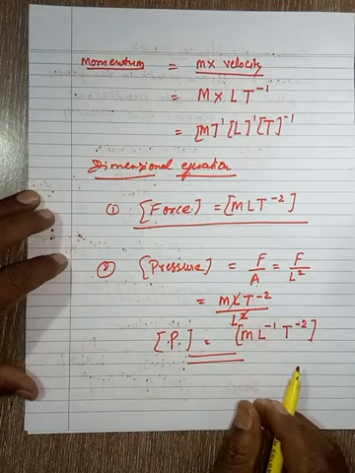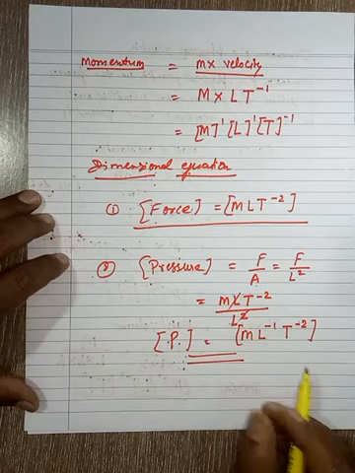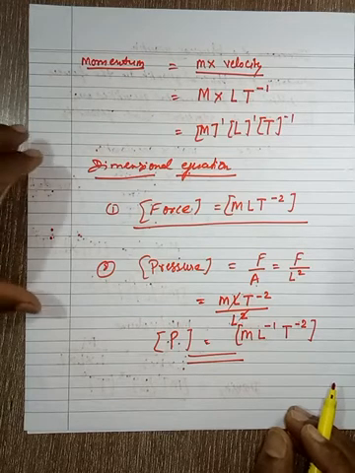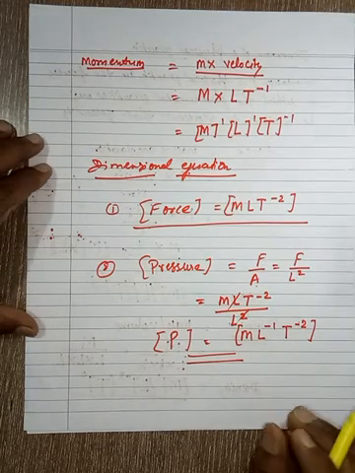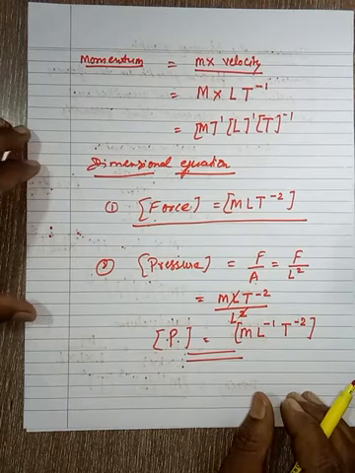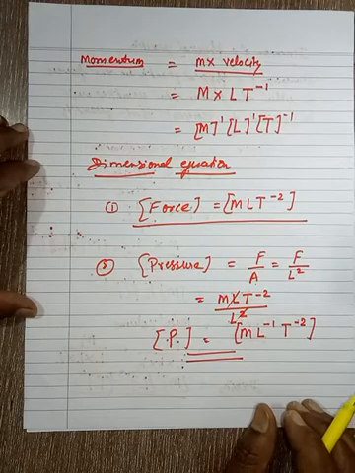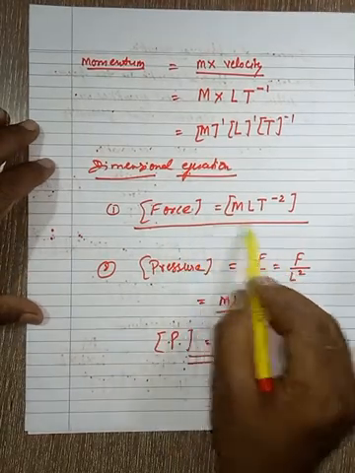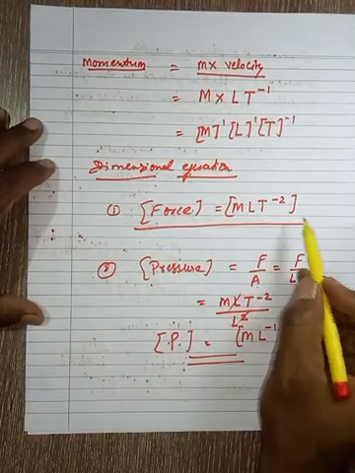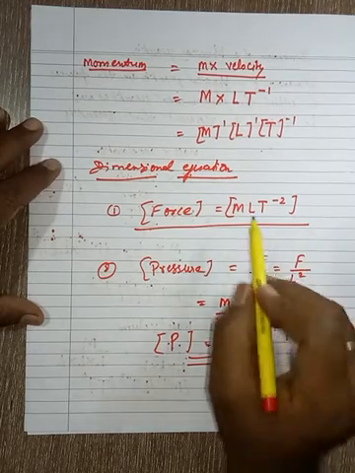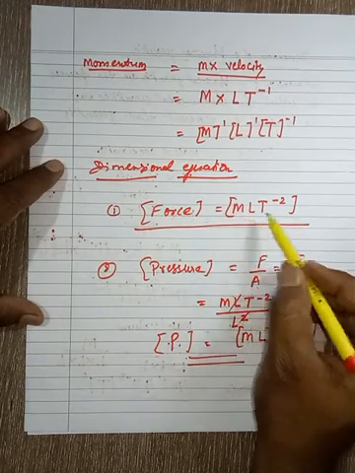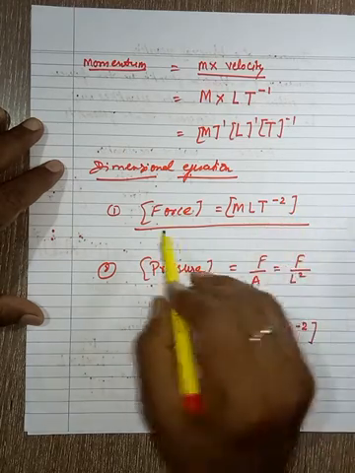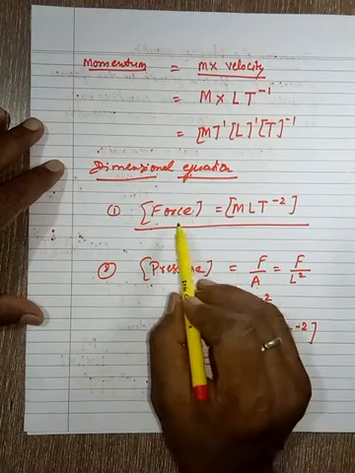And how a physical quantity is represented in terms of the dimensional formula, with the dimensions, we have just seen. The dimensional formula, as shown here, actually represents the fundamental physical quantities on which that physical quantity depends.